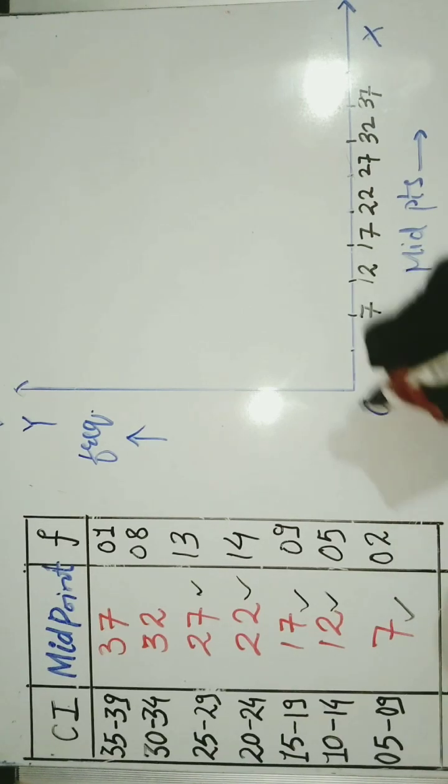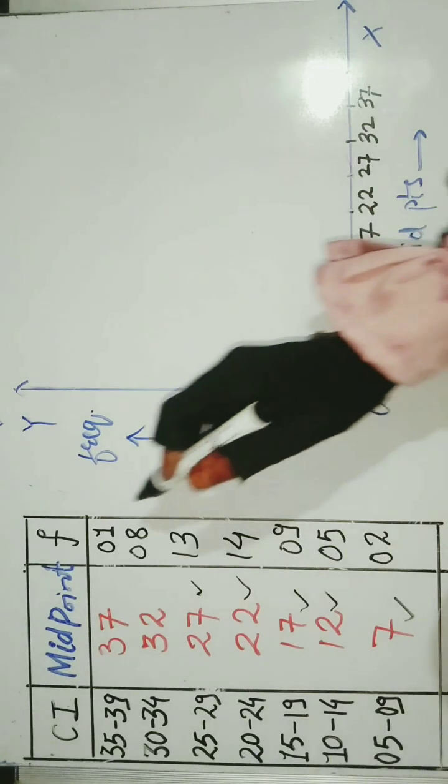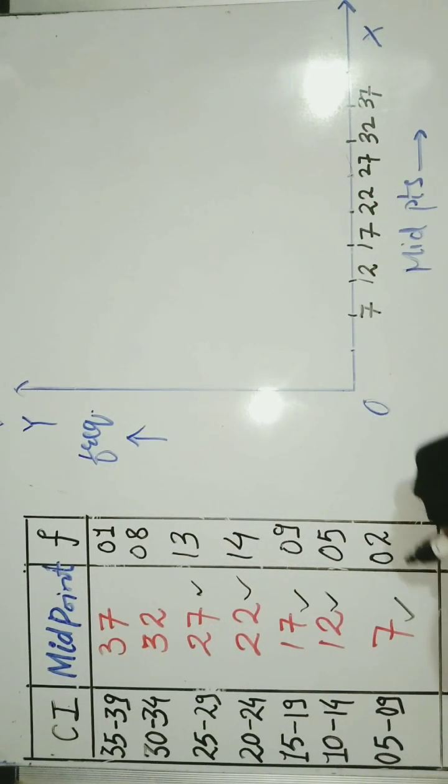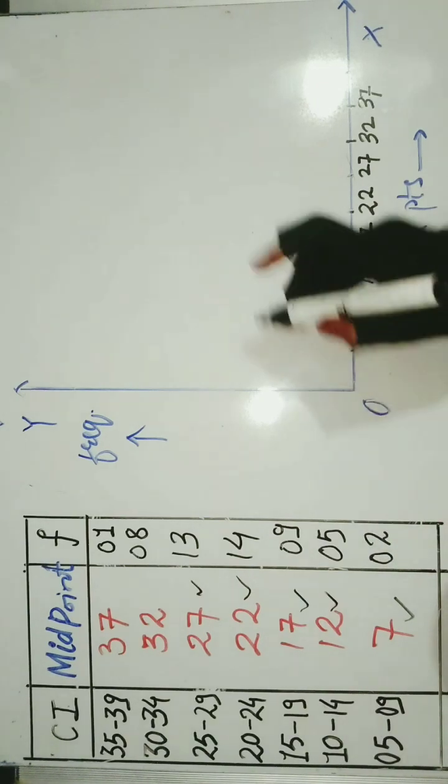Now plot the frequencies on the y-axis. Here look at the frequencies. We can take the scale of 2 frequencies per centimeter.